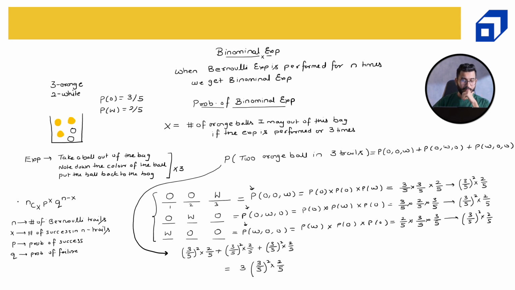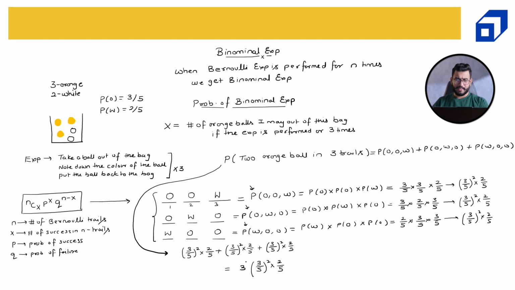So if I try to map this equation for this particular experiment, where I have calculated the probability as 3 times 3 by 5 to the whole square into 2 by 5.